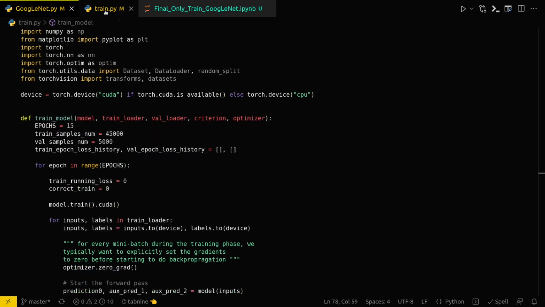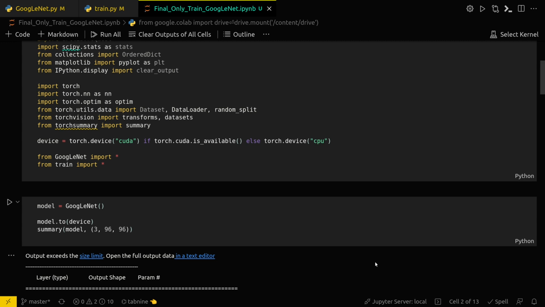Then I will have a smaller Python file which will have just a single method, train model. This is just for training the entire architecture after that is built. And finally, a small Jupyter Notebook to see the actual training and the result. That is, this whole GoogleNet architecture I will implement on the CIFAR-10 dataset to see how that's working.